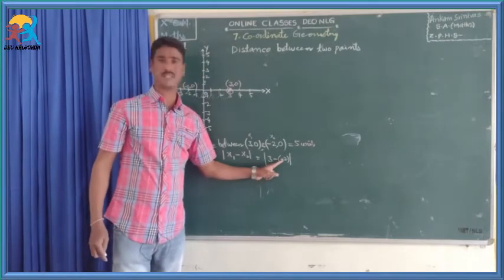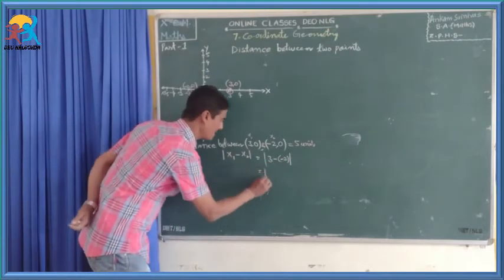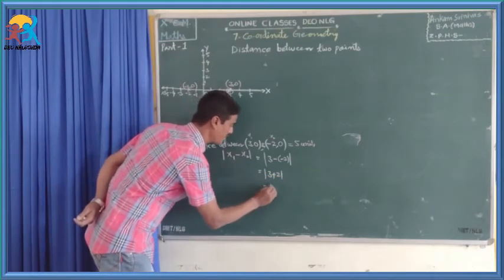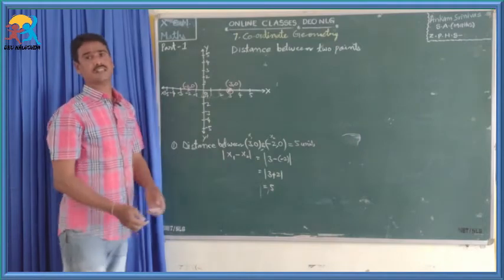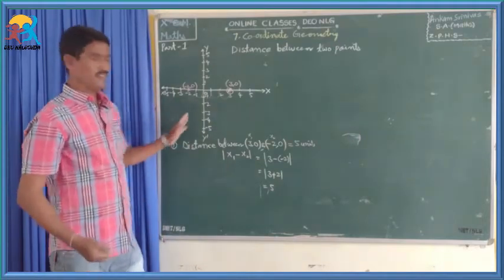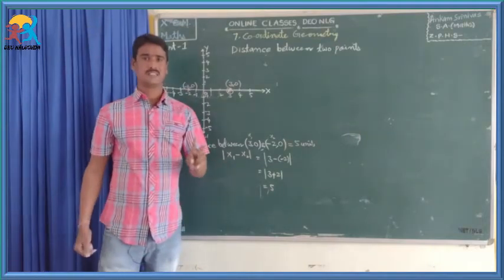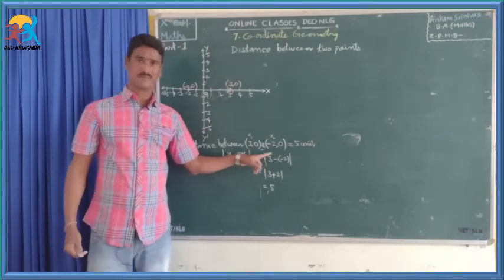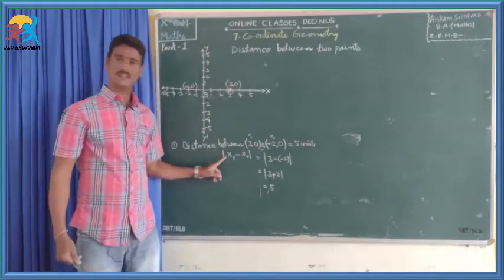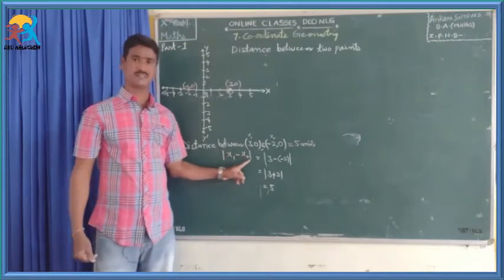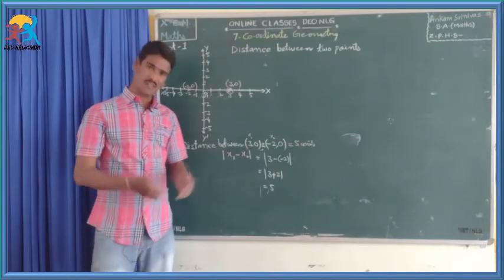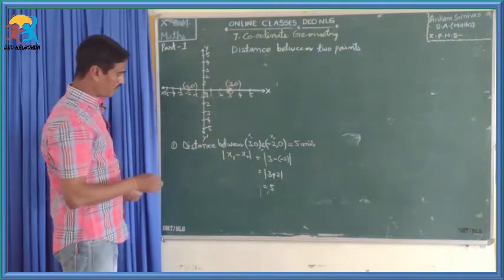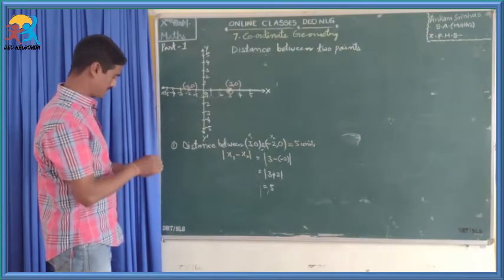Minus minus becomes plus, so we get 3 plus 2, which is 5 units. So when two points are given on the x axis, we find the distance between them using the formula mod x1 minus x2. Now, the distance between two points on the y axis.